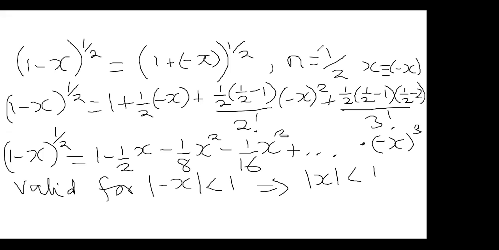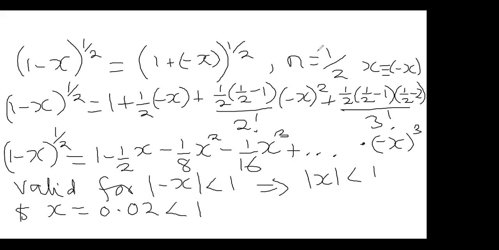We are running out of time when it cuts us. So we know that's valid for absolute value of x less than 1. And when you look at x equals 0.02, we find that it is actually less than 1. So it's within the range. So we can easily substitute the 0.02 into that.